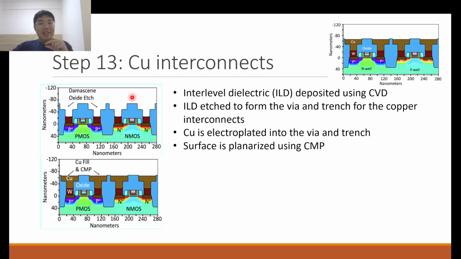Actually, this idea of CMP, chemical mechanical polishing, became really important when they started using copper in place of aluminum as interconnects, right? And this is because copper is extremely difficult to etch. One main point of etching is that when you etch something, you want the byproducts to be volatile, so that they will not fall back on your wafer, they will just go away, and the material is cleanly removed.